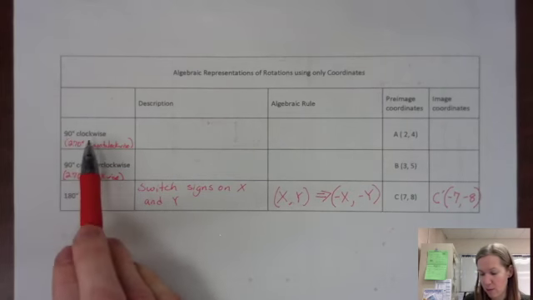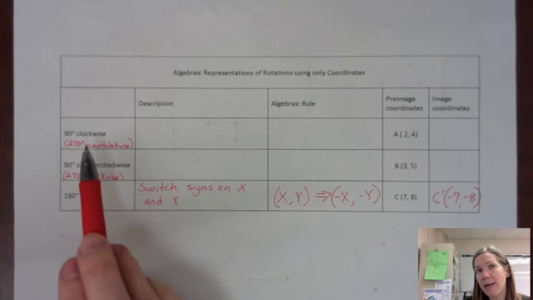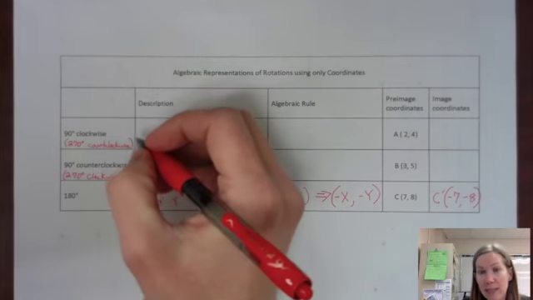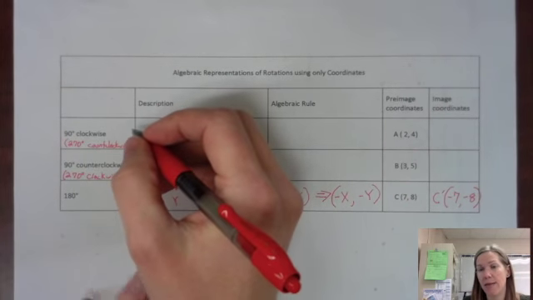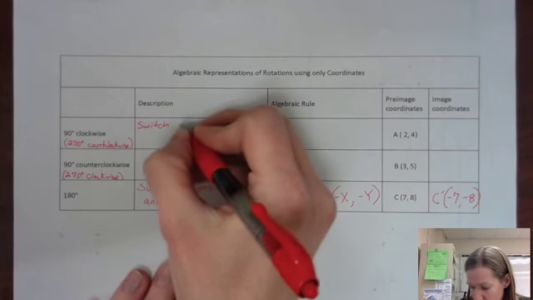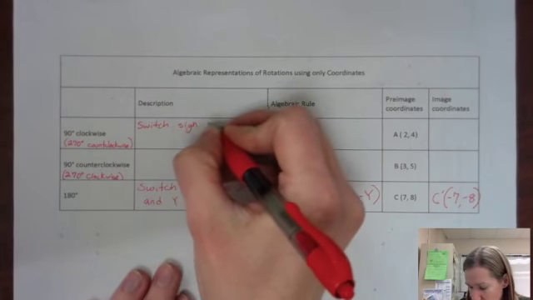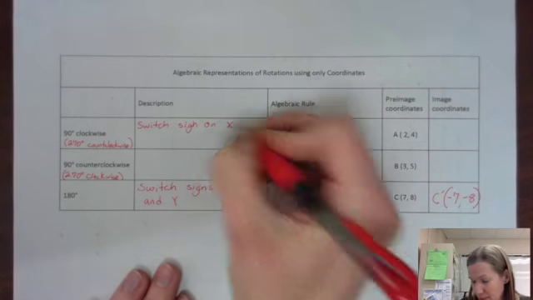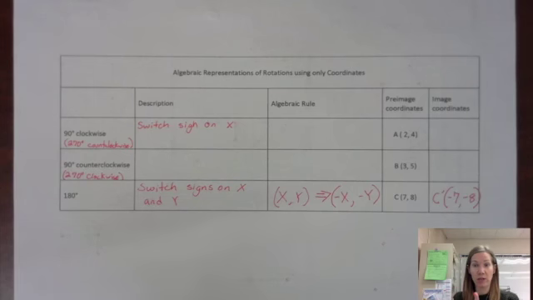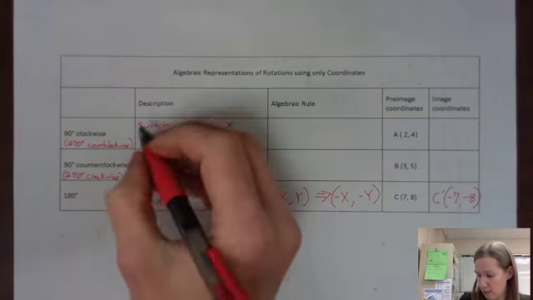So 90 degrees clockwise. When you are rotating clockwise, you first need to switch the sign on the x coordinate. Then you're actually going to switch the x and the y coordinate.